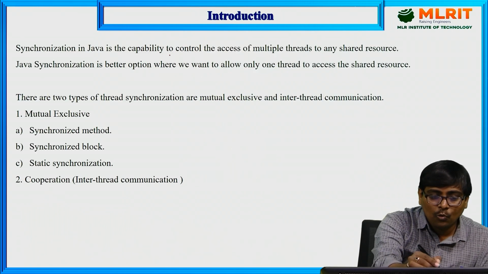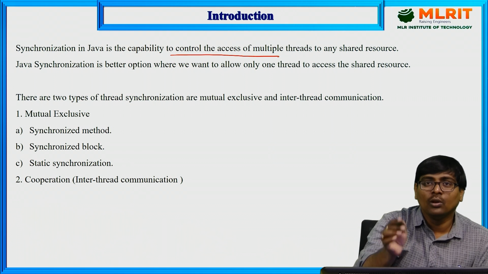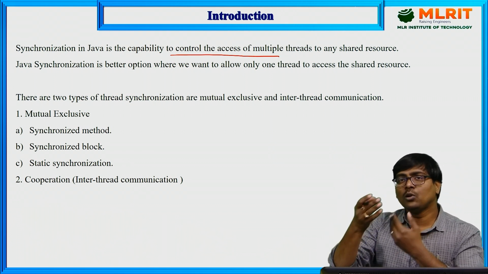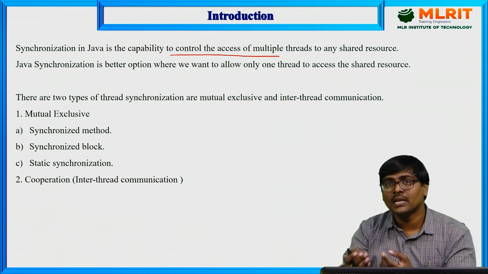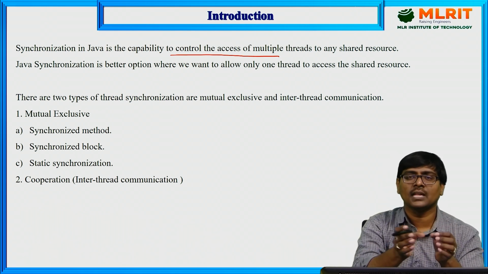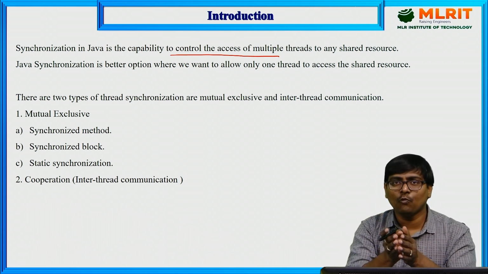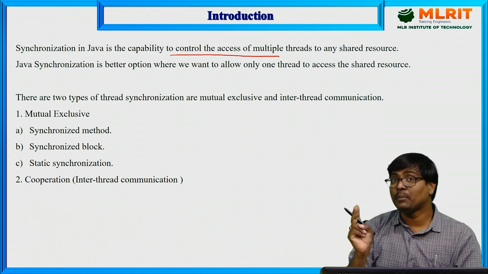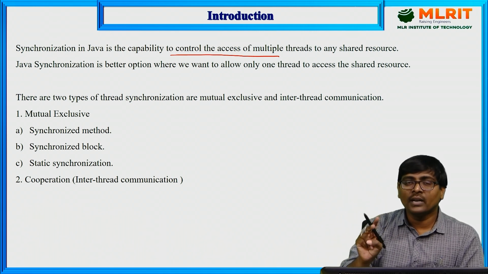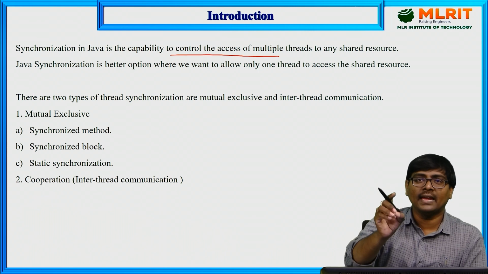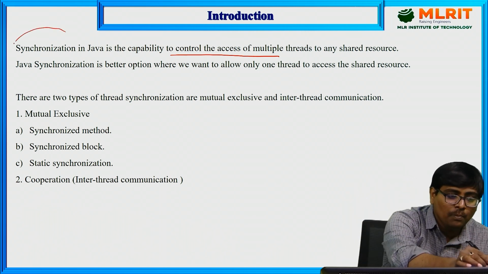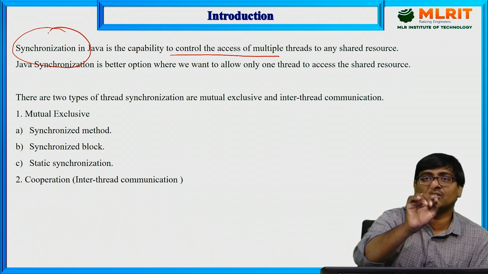It controls the accessing of the shared resource. Controlling the accessing means, in the case of threads, after completion of one thread, the next thread is allowed to access. That means more than one thread at a time does not access the resource. Clear? That is achieved by using synchronization.